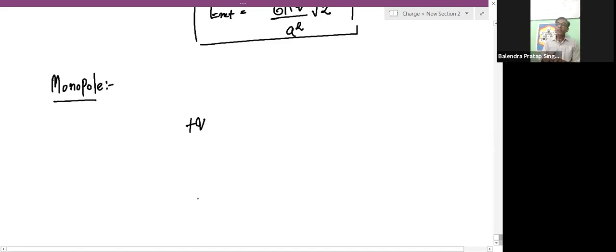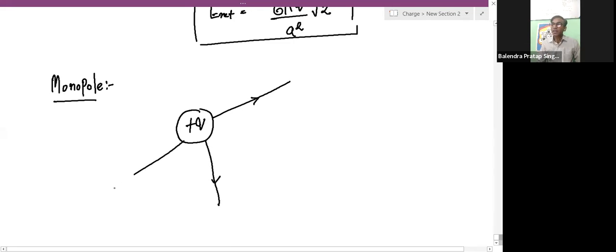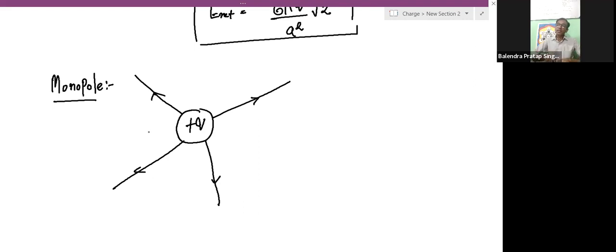It has only one pole, meaning the field will go outward in every direction, like this one here, this one here, and this one here, and it will behave as a single pole. The field is going outward from this plus q charge, but there is no point where the field will go inside. So monopole exists in electrostatics.